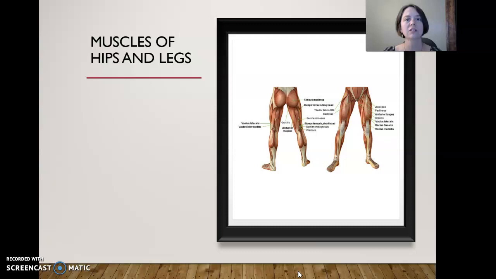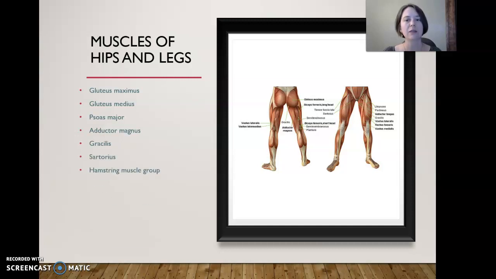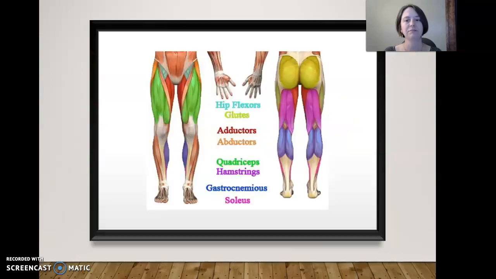Your leg muscles include quite a few muscles, and we're going to learn about the gluteus maximus, the gluteus medius, your psoas major, the adductor magnus, the gracilis, the sartorius, your hamstring muscle group, your quadriceps, the tibialis anterior, the gastrocnemius, your soleus, and then two tendons, the iliotibial band and the Achilles tendon.